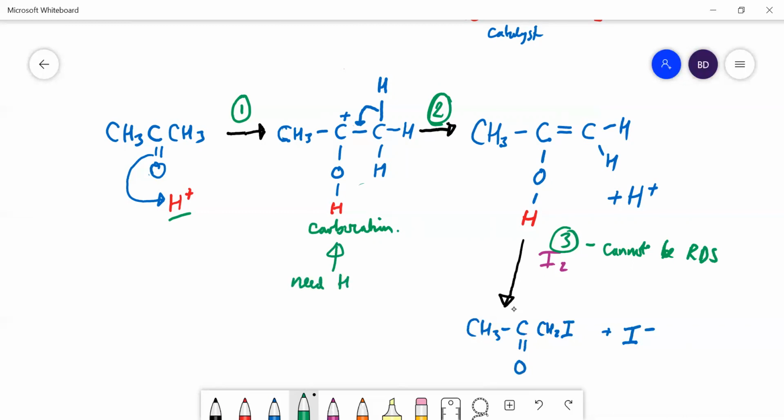You need H plus and you need propanone. So the formation of the carbocation is dependent on both of those 2 things, and it actually turns out that step 2 here is the rate determining step, not step 1, though you could be forgiven for thinking it's step 1. But what you could say is it definitely can't be step 3.